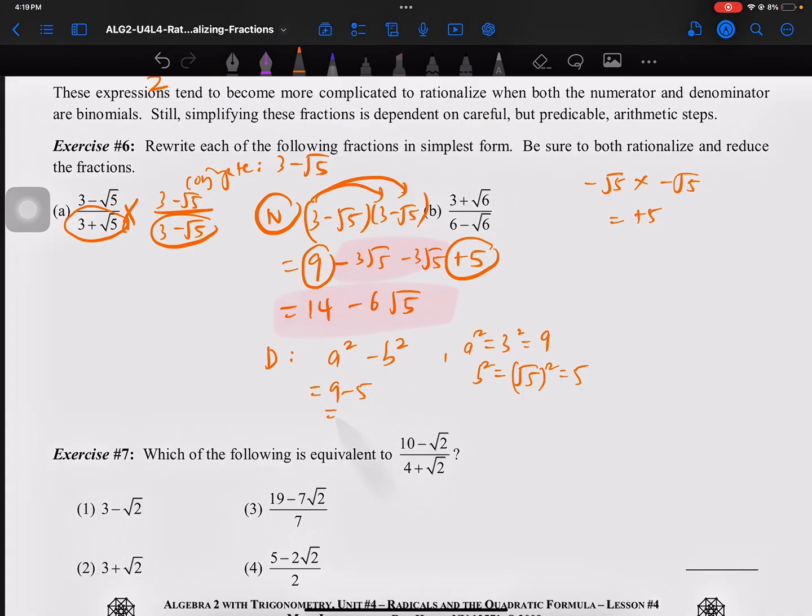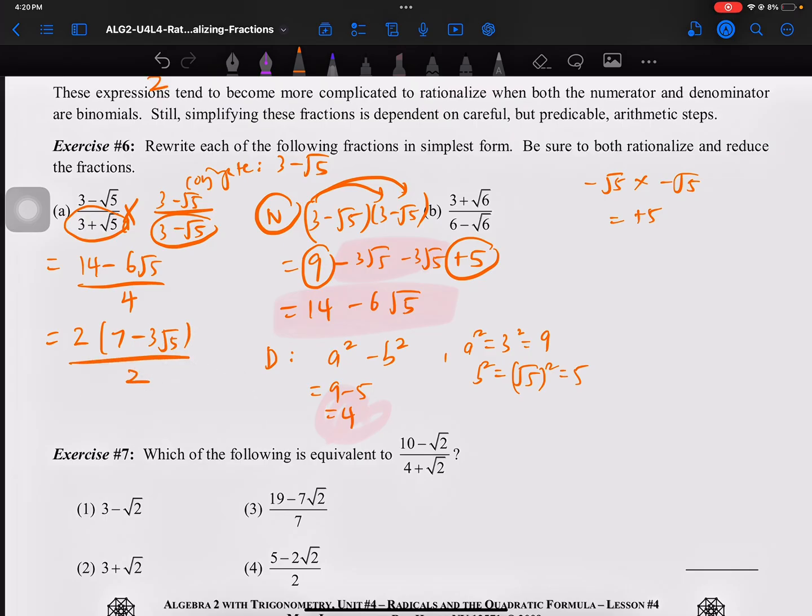Now I put the numerator and denominator into the original form, which is 14 minus 6√5 over 4. Okay, so this is not simplified yet. Actually, we can take 2 out as a factor of the numerator. So take 2 out, this is 7 minus 3√5 over 4.